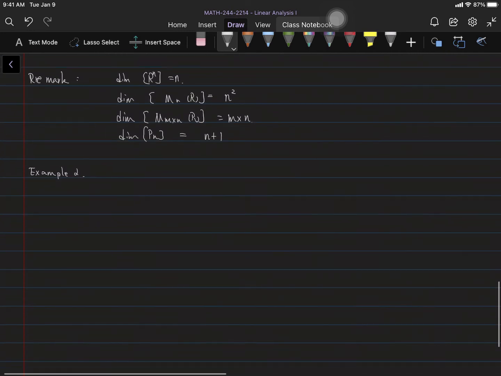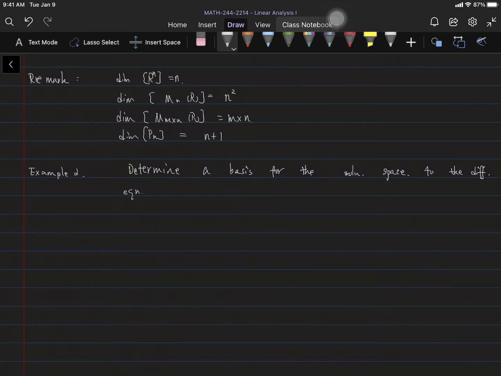Determine a basis for the solution space, or solution set, to the differential equation. Actually, the solution set is a subspace, so that's why it's called the solution space.